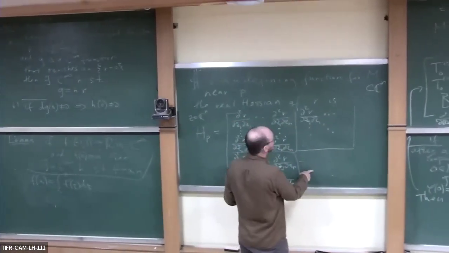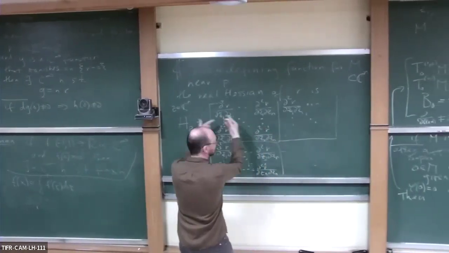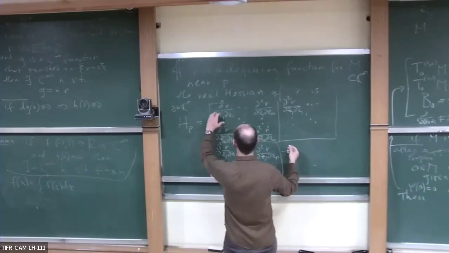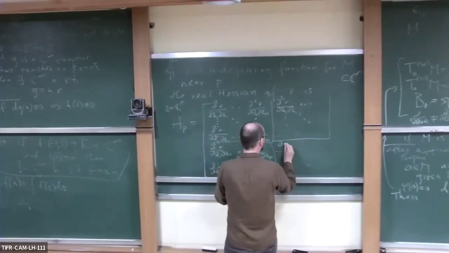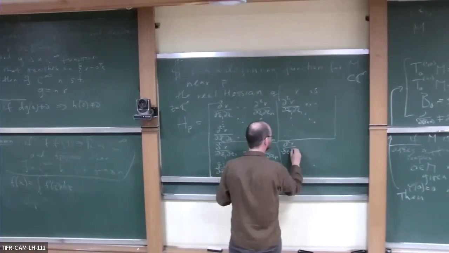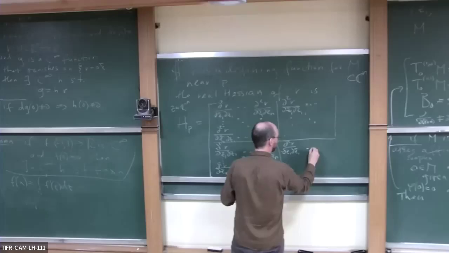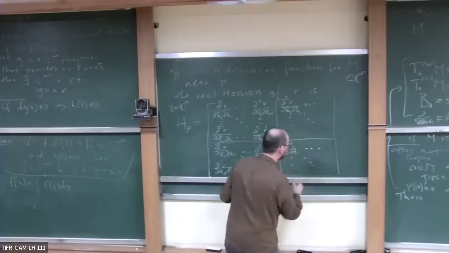And over here, again, this is going to be the bar of that. So I'm really just swapping which ones are the bars and which ones are the non-bars. So let's just write down the first one, and then the rest, right?